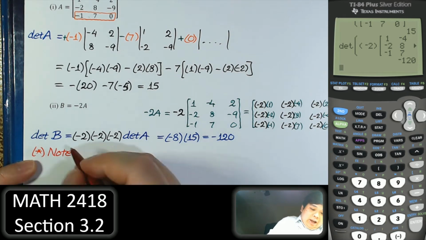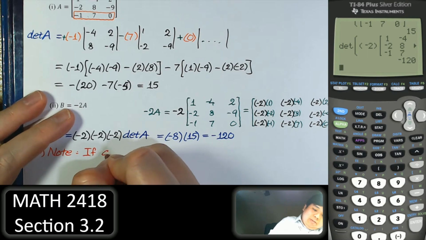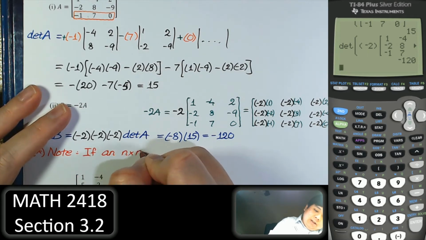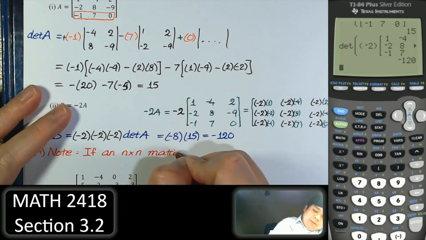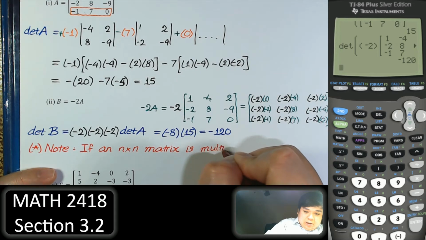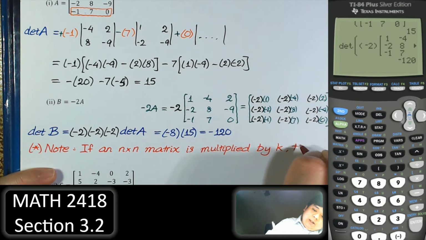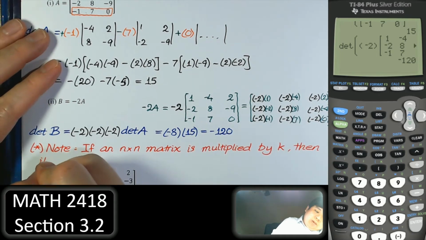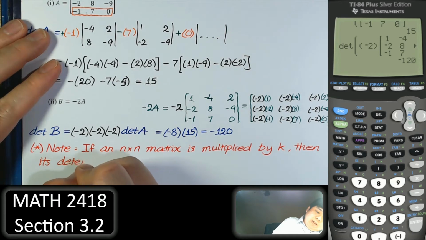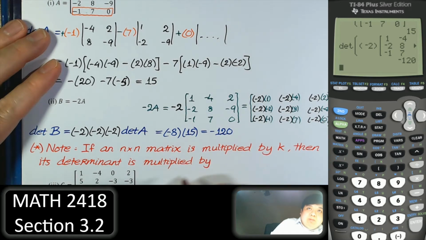Note, if an n by n matrix is multiplied by k, then its determinant is multiplied by k to the n.